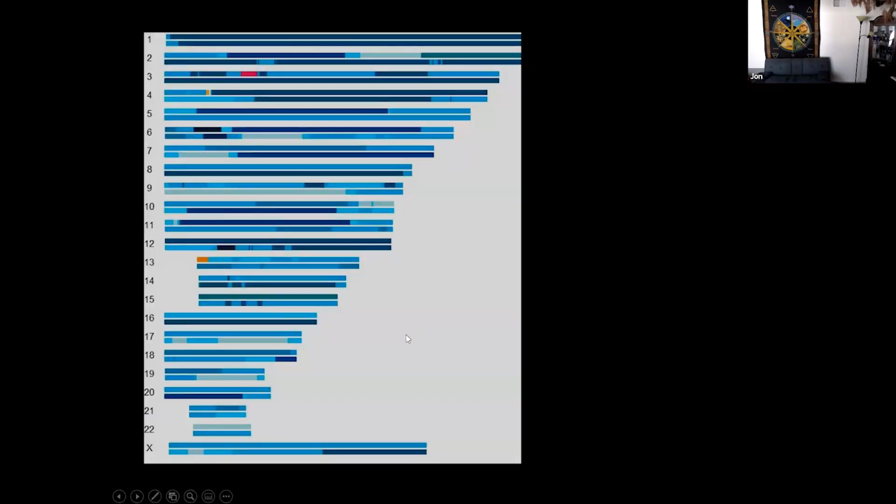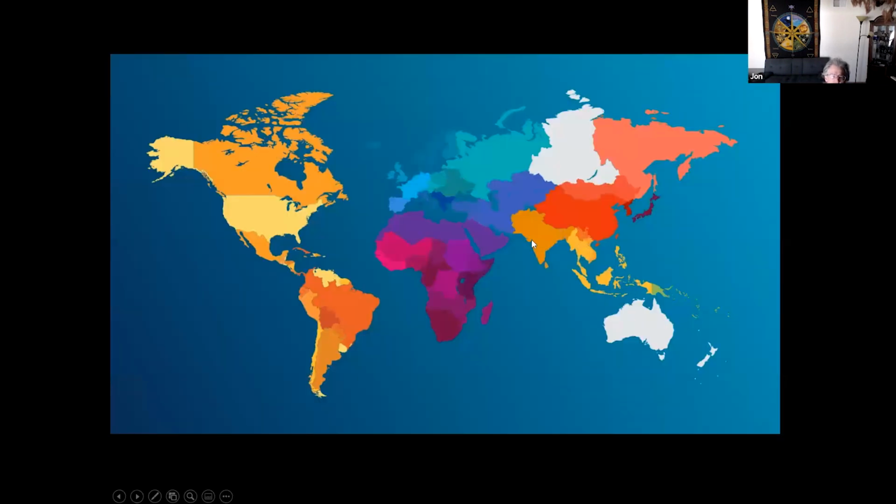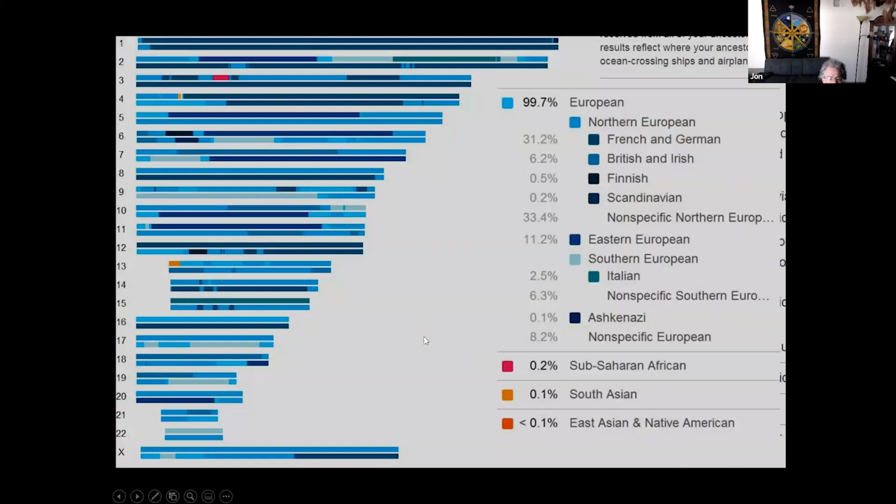So here, as I mentioned before, this is my sister, and we look at the colors here and say, okay, what colors are there? Well, of course, almost all European. You can take one look at me and you can figure that out. But we did have some surprises. There's a couple places in our family where we have African DNA on chromosome 3 and chromosome 15. I have a chunk on chromosome 15. And it turns out that that's only from my dad.